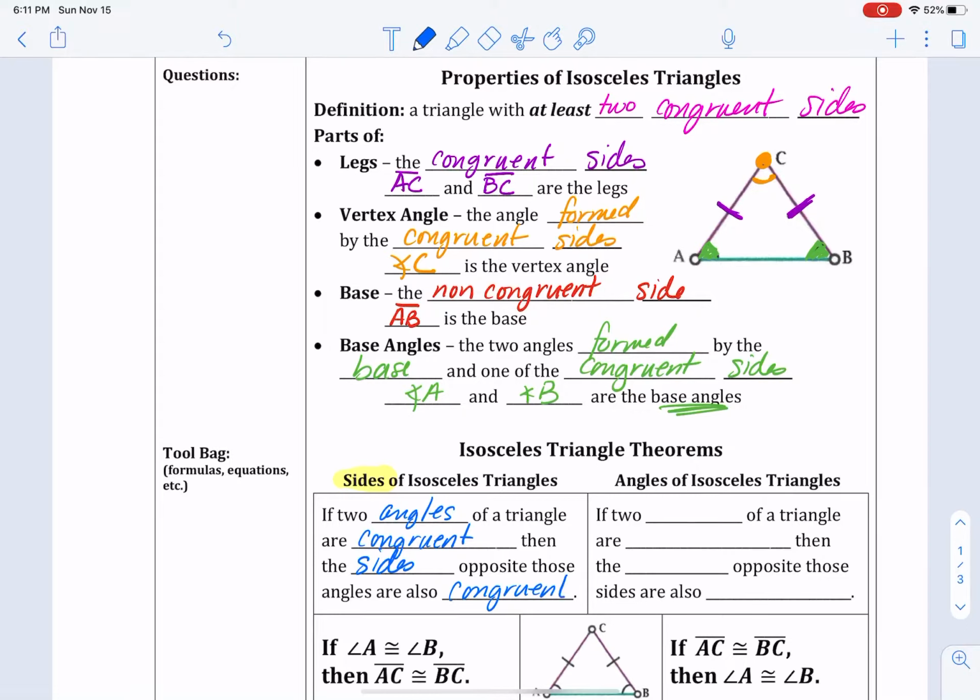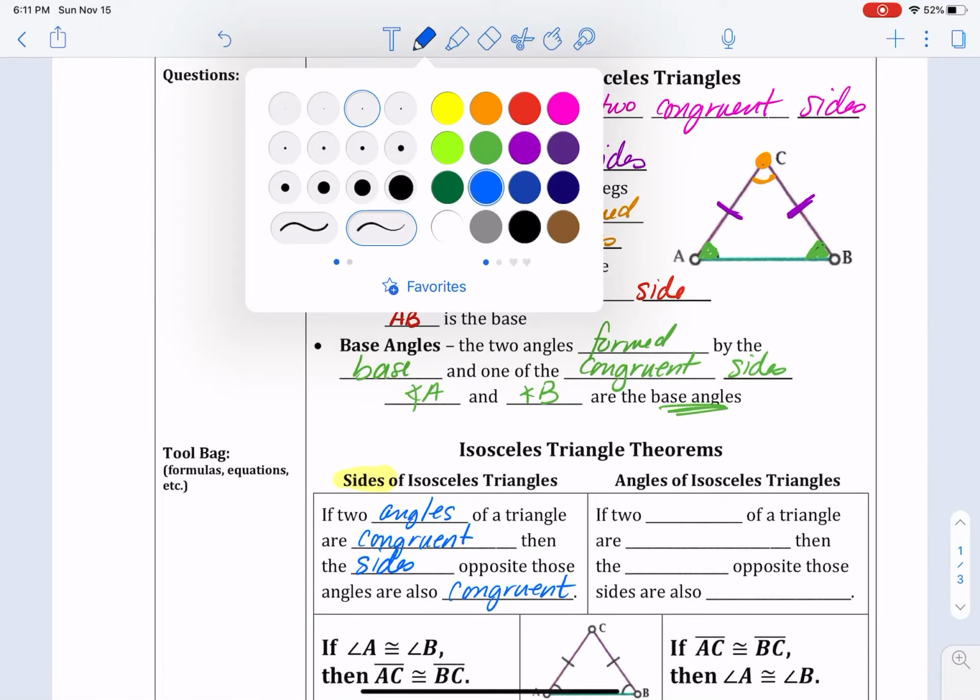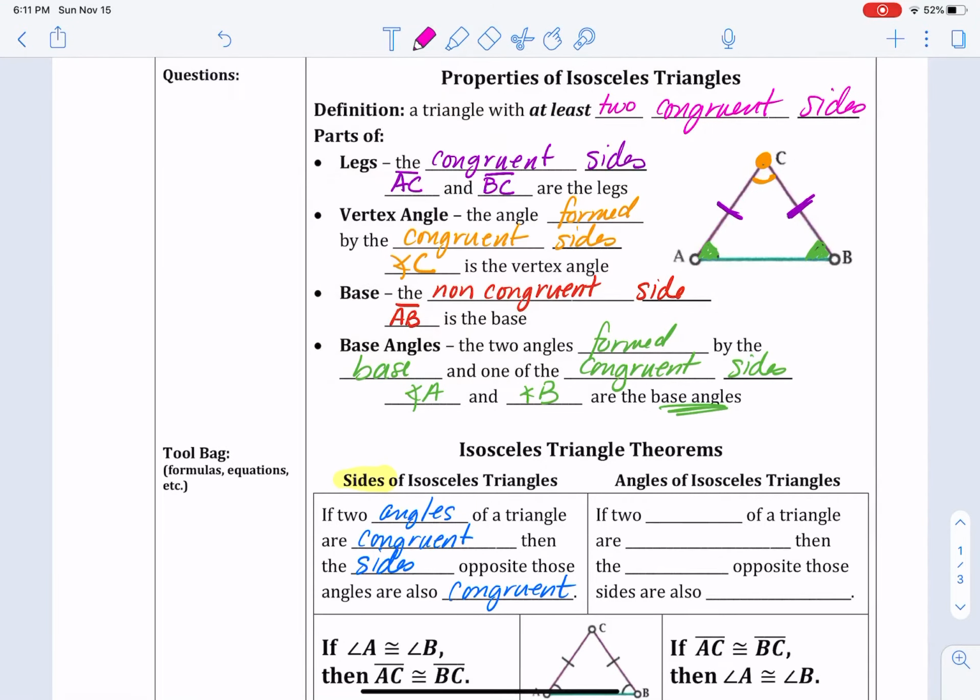So if I know two angles are congruent, then I know that the sides opposite them are congruent. For the angles of a triangle, if two sides of a triangle are congruent, then the angles opposite those sides are also congruent.